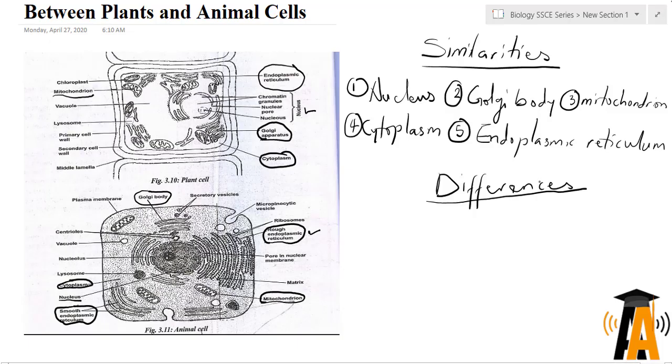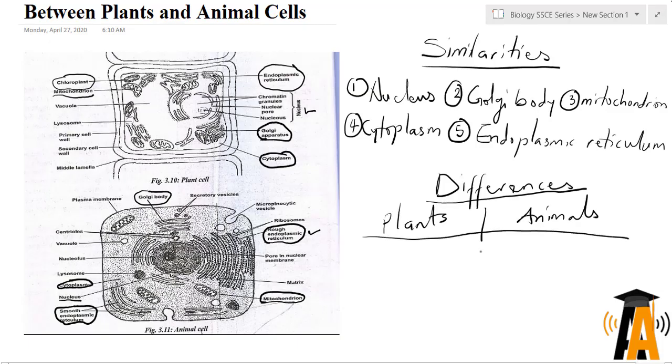Okay, now the first difference we'll pick out here is that the plant cell has chloroplast. This is it here, chloroplast, while the animal cell has no chloroplast. I hope we are taking note. Plant cell has chloroplast. Okay, let me just indicate like this: plant, then here we have animals, so that to make it a little easier for us, then I would have my line here.